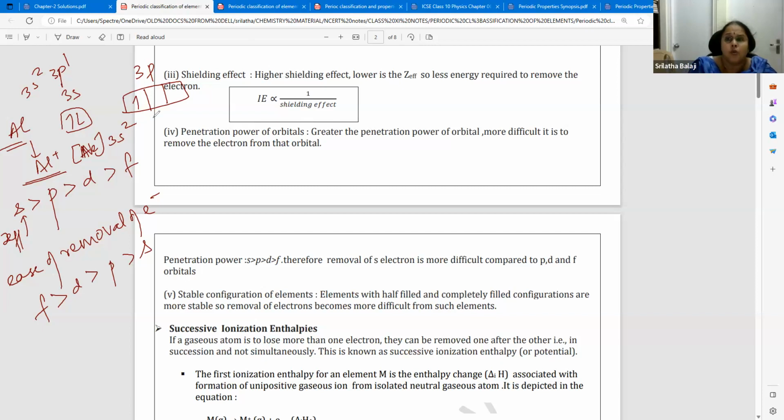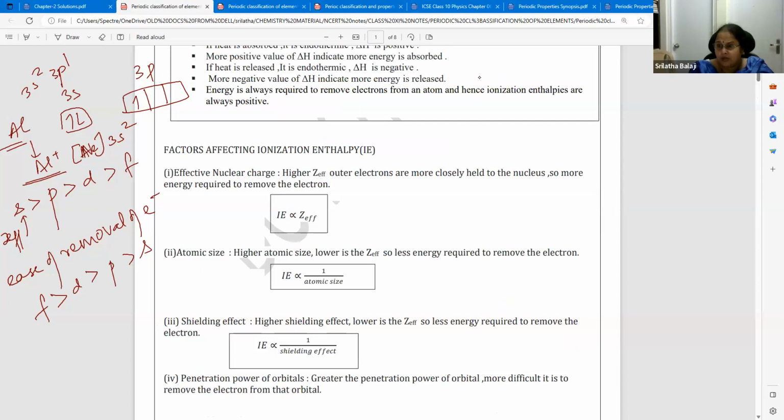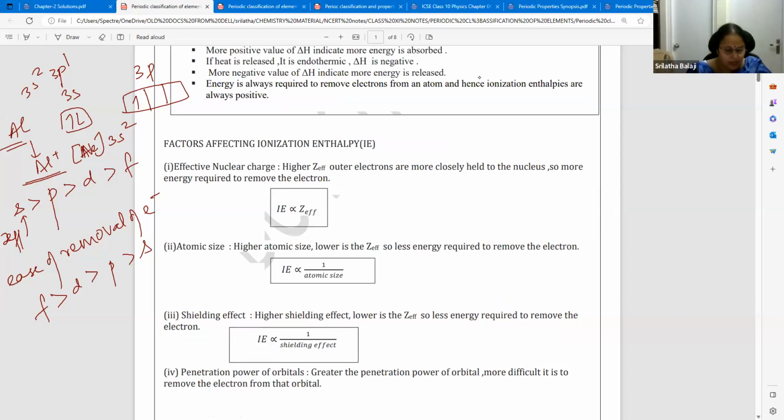Clear? So what are the 5 factors? Tell me quickly. What is the first one? Ionization enthalpy is directly related to Z effective. More Z effective, more ionization enthalpy.